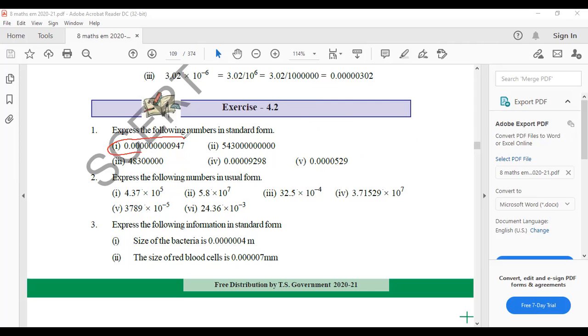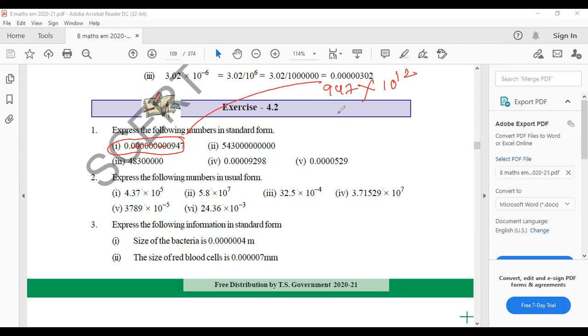I'll try to revise all of them. This is the first question now: 947 times 10 to the power of minus 12. How many digits are there? 3 digits, so 10 to the power of 2. Whenever you want the point after the first digit, what do you have to do?